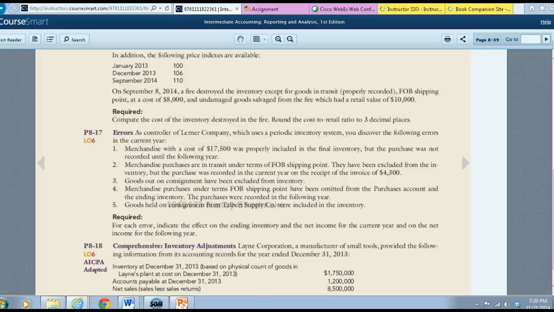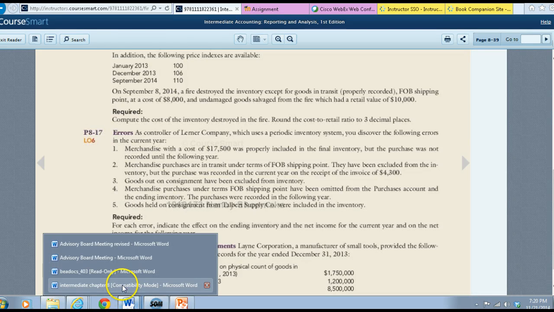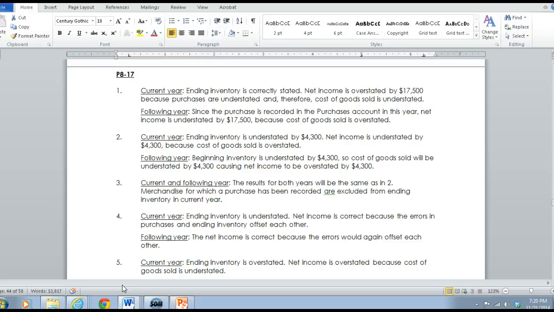So if you think about this, the cost of $17,500 was in the inventory, but the purchase wasn't even recorded until the following year. So what's happening is that the purchase price of that inventory didn't get added to all the cost of goods available for the year.